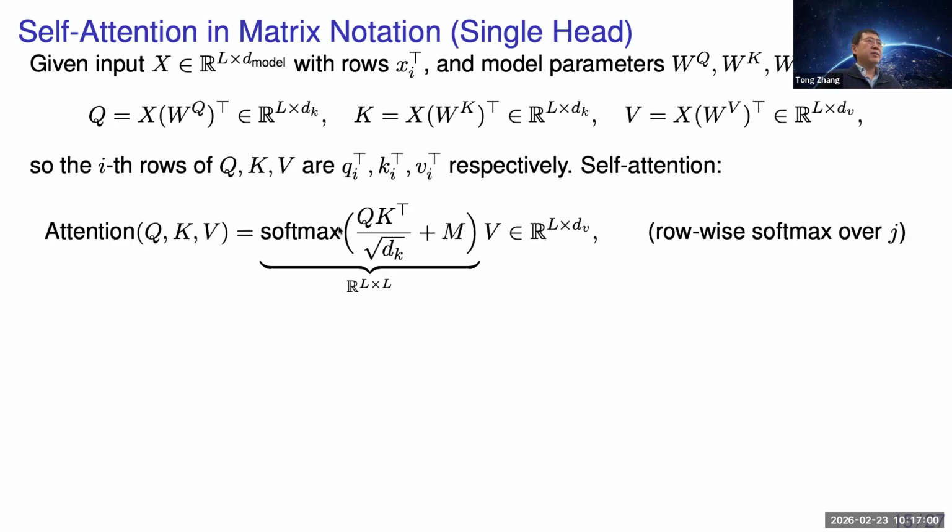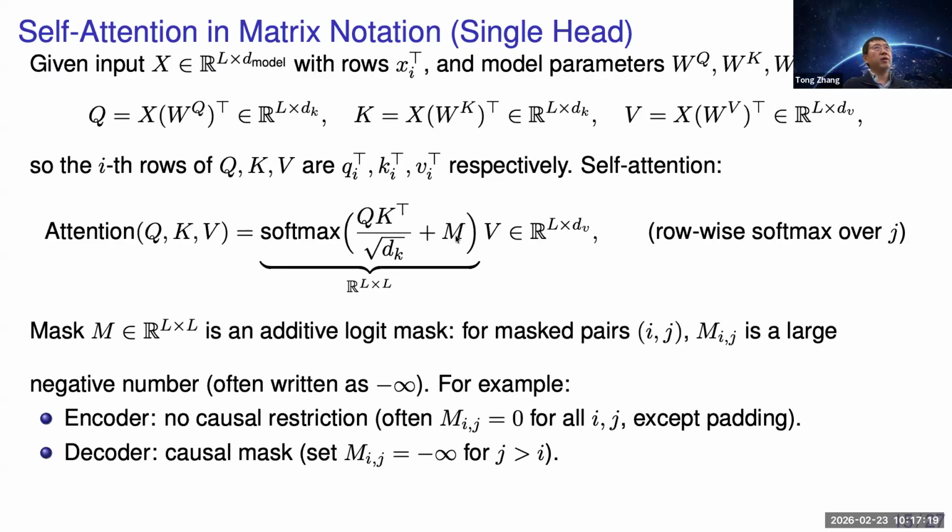And then the softmax of QK transpose turns out to be L by L. It's a full attention matrix. And this one is a bidirectional attention. How do you do the causal attention? Using the same thing, but using the attention mask to achieve causality. So right now it's L by L, so every token attends to every other token. It's self-attention. And this is parallelizable because it's just a matrix multiplication. This one is an additive attention mask.